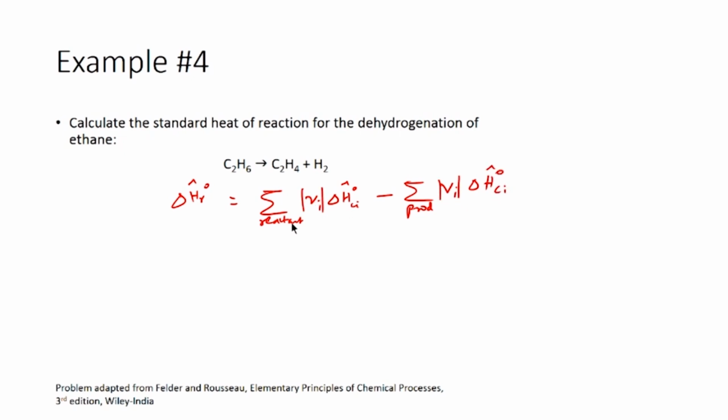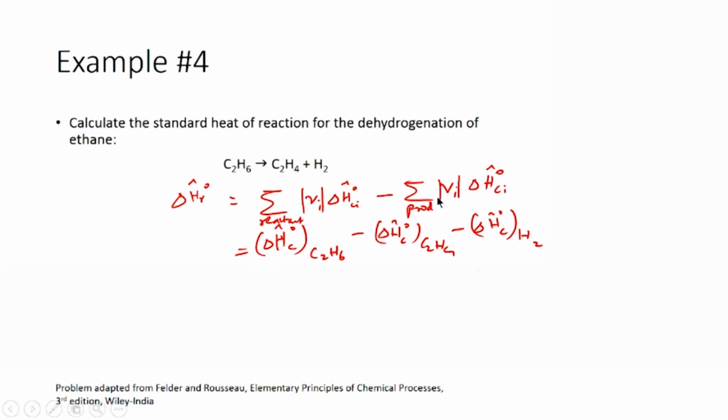So, this would be the heat of reaction. So, we have reactants minus products. Reactants would be 1 times C2H6. So, that is heat of combustion for C2H6 minus heat of combustion for C2H4 minus heat of combustion for hydrogen.